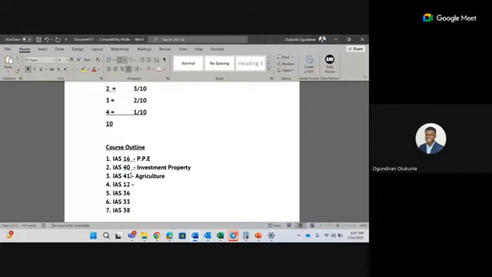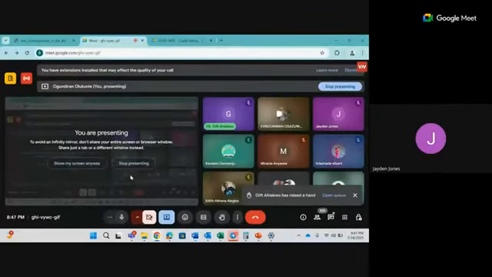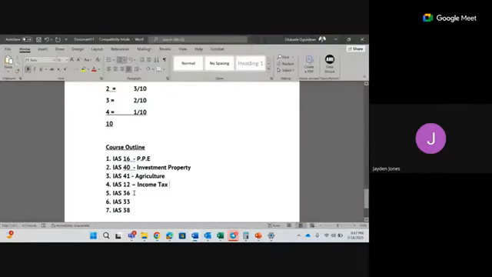This is income tax. Sorry, this is impairment loss. This is earnings per share. This is intangible assets.